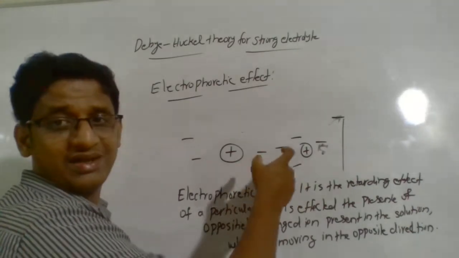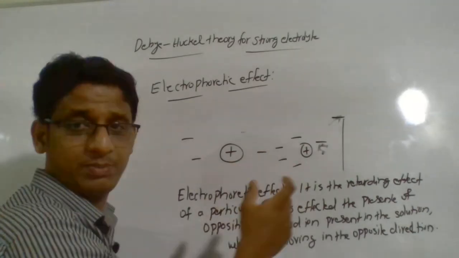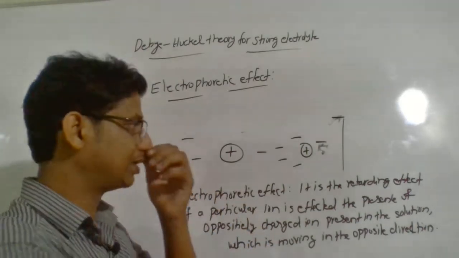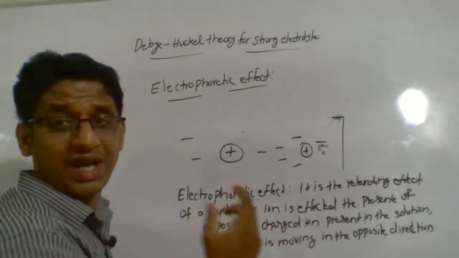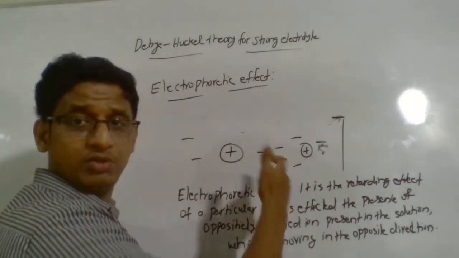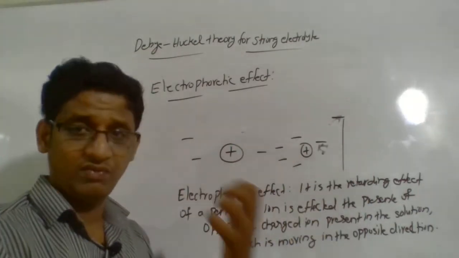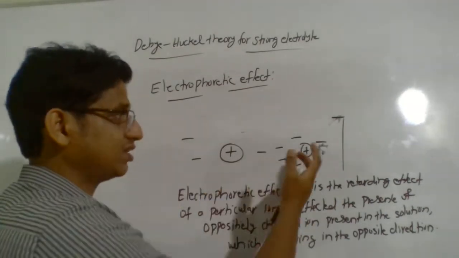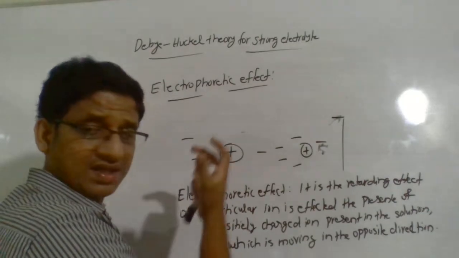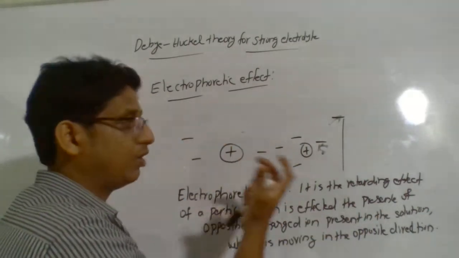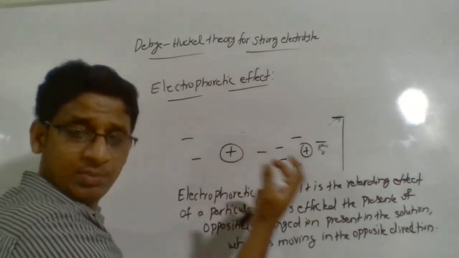How strong is the attraction between the oppositely charged ions? We are talking about the electrostatic force of attraction, and the magnitude of the charge definitely influences it. Also remember, as the concentration increases, there is more attraction and more dragging effect.